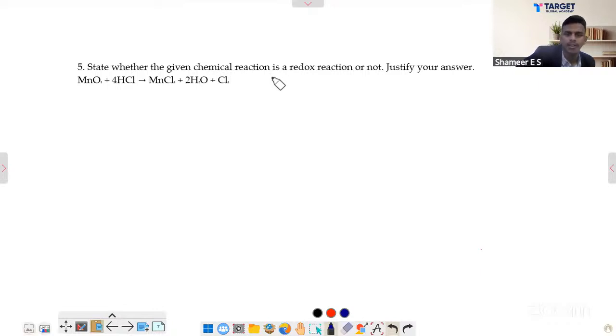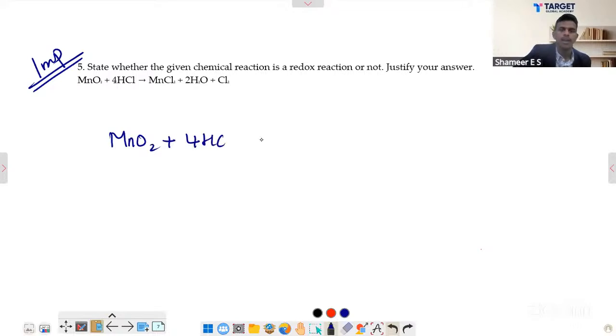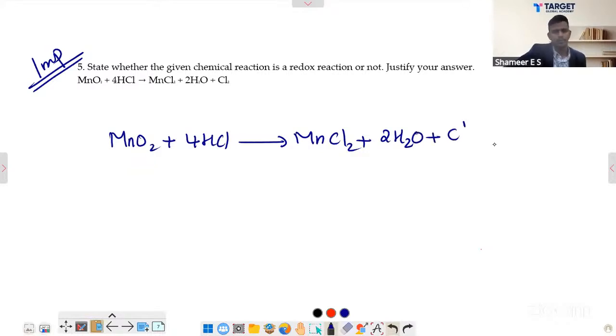State whether the given chemical reaction is a redox reaction or not. This reaction is highly important. Consider MnO2 plus 4HCl gives MnCl2 plus 2H2O plus Cl2. Very important. Here, what happened?